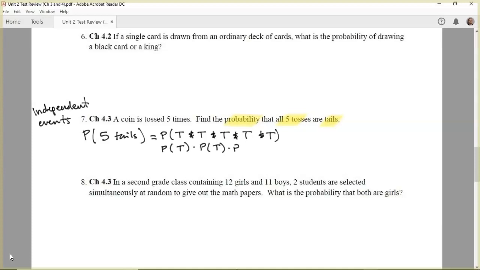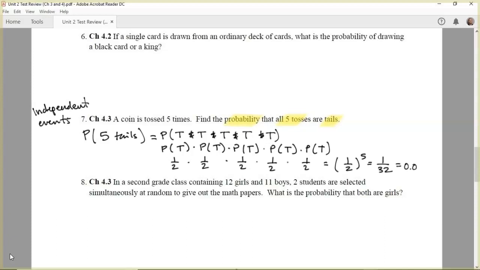So our probability of a tail times probability of a tail, 5 times, where we know there's only 2 choices. You can either have a head or you can have a tail. So each probability is 1/2. So it's just 1/2 times 1/2 times 1/2 5 times, or 1/2 to the 5th power, which is 1/32, which is a very, very unlikely event, right?